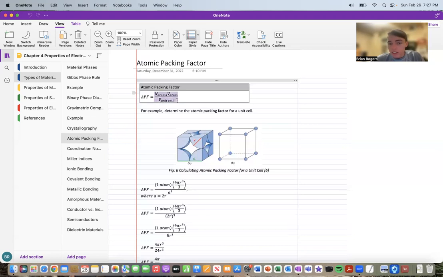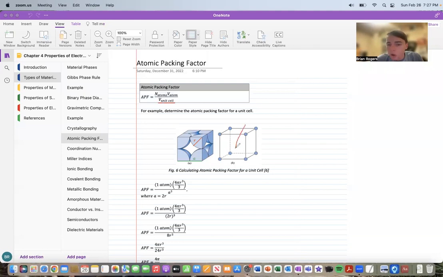The volume of the unit cell is the actual space that you can store atoms within. That makes sense, that's our limit. We can only store within the actual volume of our unit cell. So how much does the atom take up, and how many atoms can we store in there, times the number of atoms that we have.